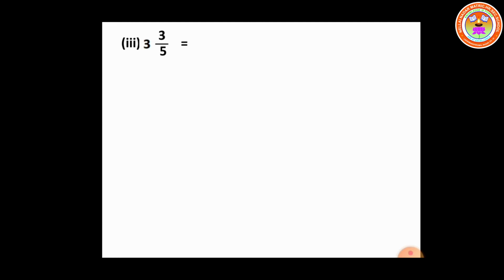Third subdivision, the question is 3 3 by 5. First we have to convert the mixed fraction into an improper fraction. So multiply the whole number into the denominator, then add the numerator, divided by the same denominator 5. 3 5s gives 15. So 15 plus 3 divided by 5. 15 plus 3 gives 18. 18 by 5.